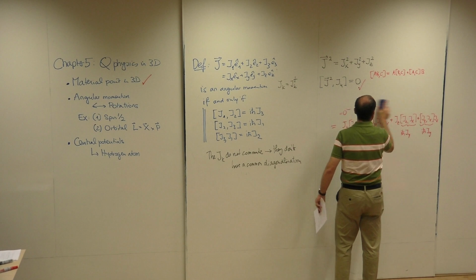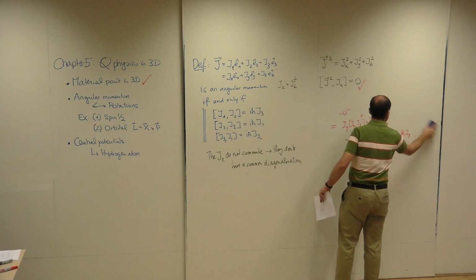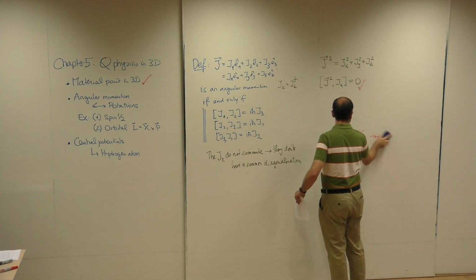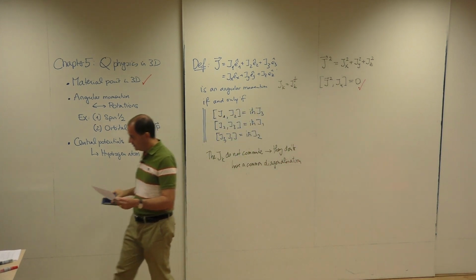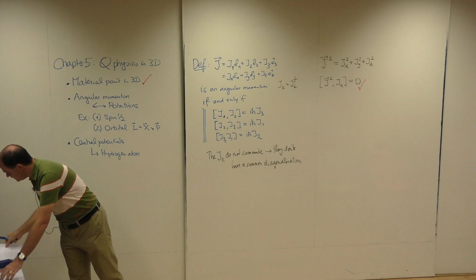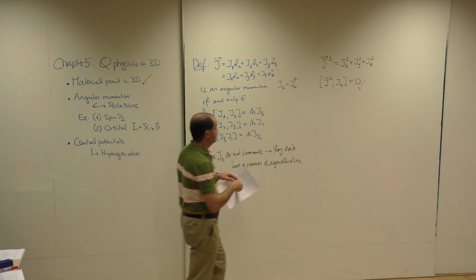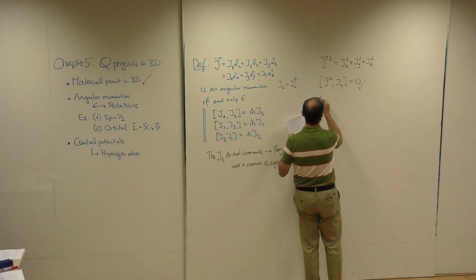And now that I have done this, I can state the main result, and then we are going to prove it. This is one of these results you need to know by heart. So this is, let's call it even a theorem.